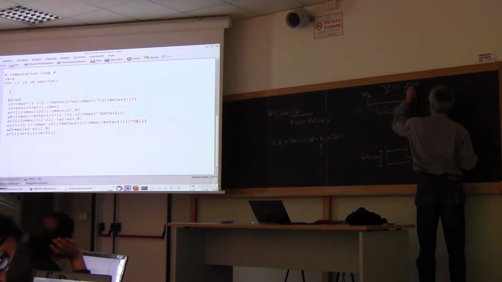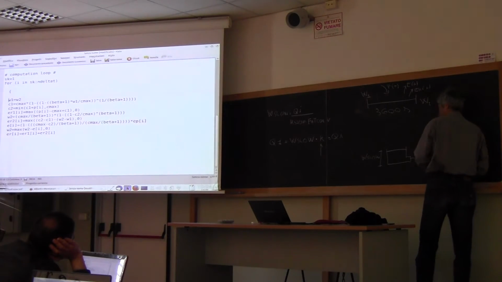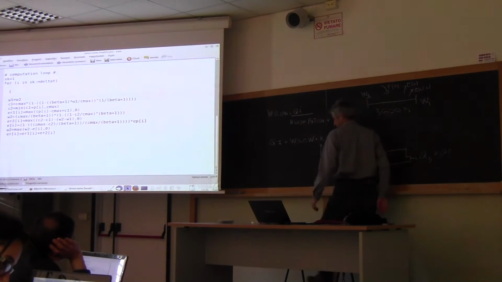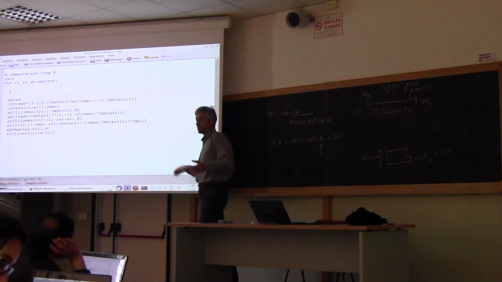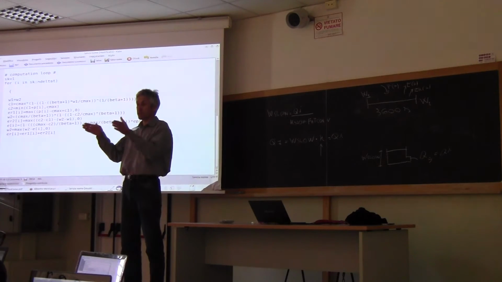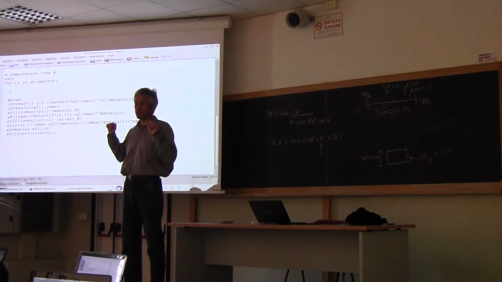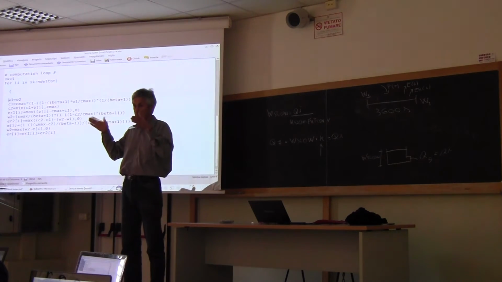So let me call it ERT. So at the end of the time step, we end up with a different storage. And they are different because we are working on finite time steps. So we need to work with two values of storage at each time step, the initial and the final.